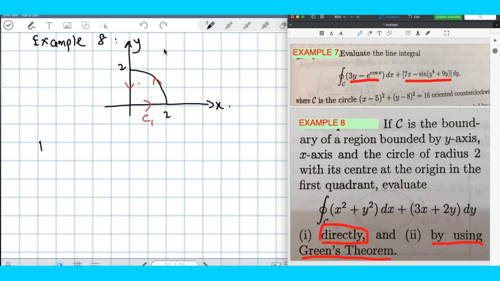Now we want to get P first. P is given by x squared plus y squared, and we compute P_y, which gives you 2y, and Q is 3x plus 2y, and Q_x will give you 3.